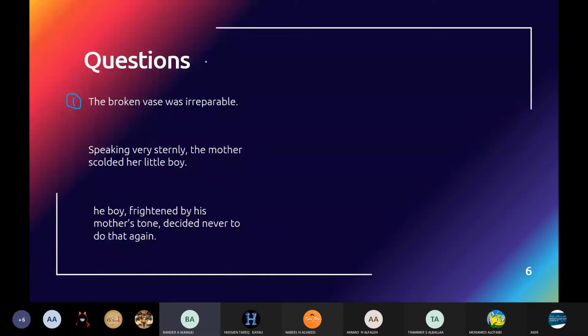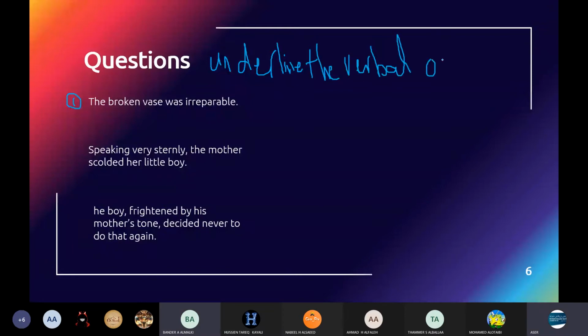So underline the verbal or the verbal phrase.